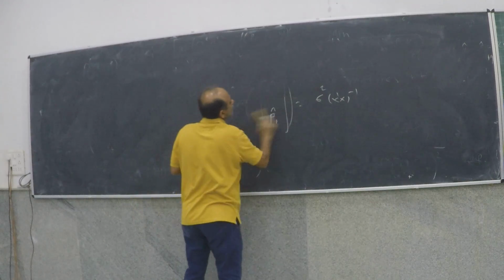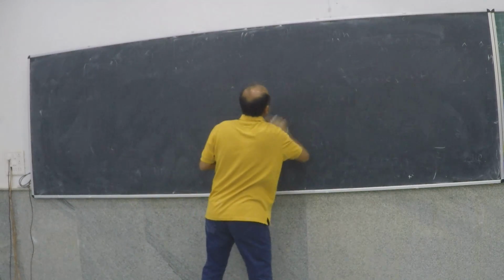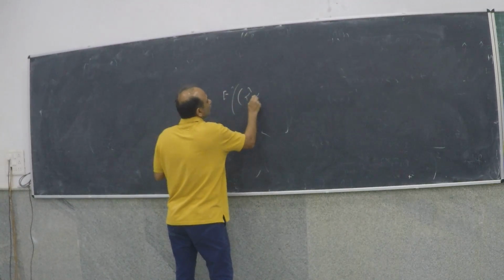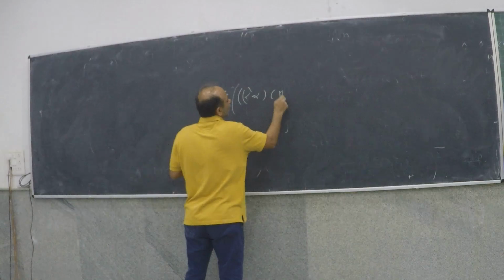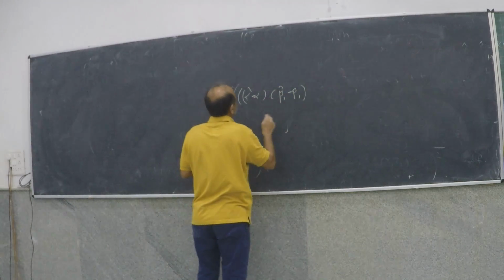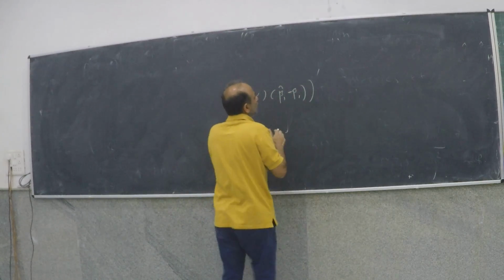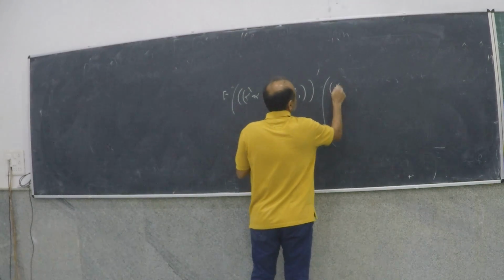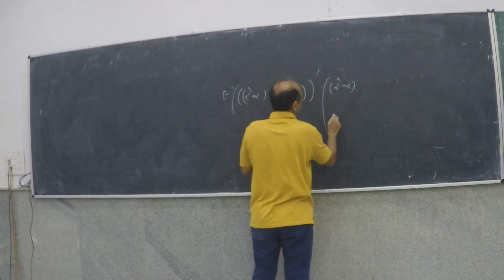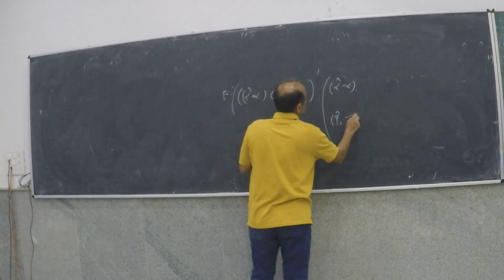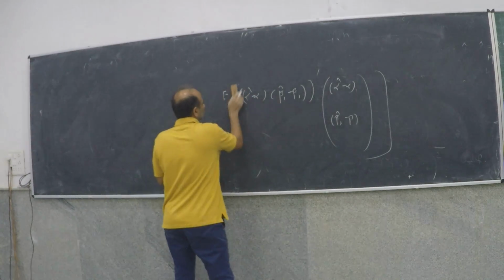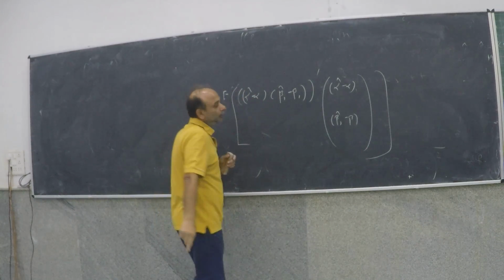But what is the variance of alpha hat, beta hat 1? It is the expected value of alpha hat minus alpha, transpose, into alpha hat minus alpha. This is what we are interested in.